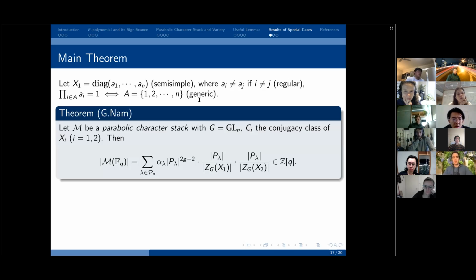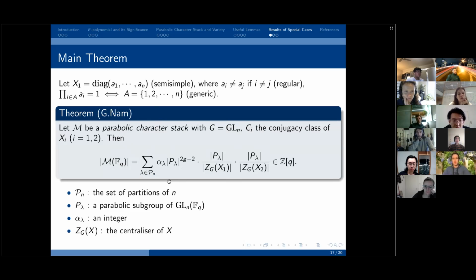And with this assumption, we can get the following theorem. If M is a parabolic Character stack of GLn, and let's take C1, C2 as the conjugacy classes of x1, and x2 is a regular unipotent. Then we can get the counting polynomial of M like this.